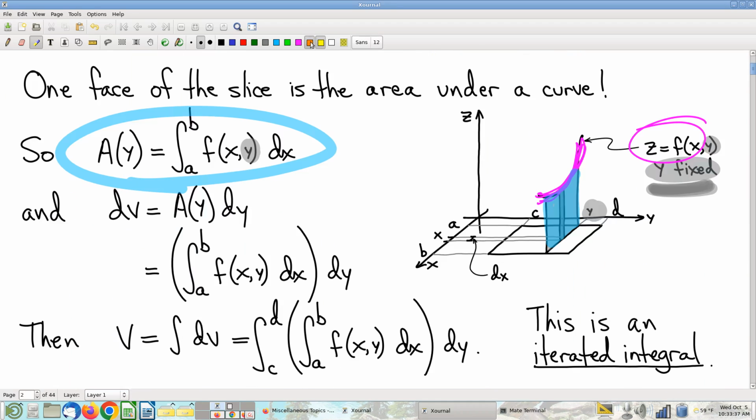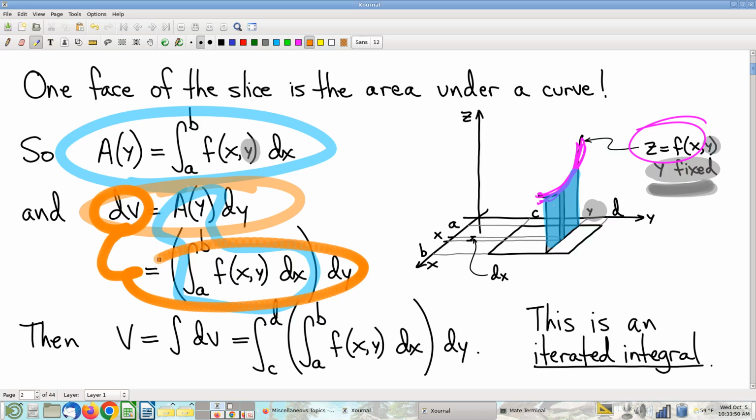That volume is just area times thickness. We just agreed that area is that integral. So when I say volume is area times thickness, I get that. And I'm just going to add up those, area times thickness. Again, here it is, area times thickness.